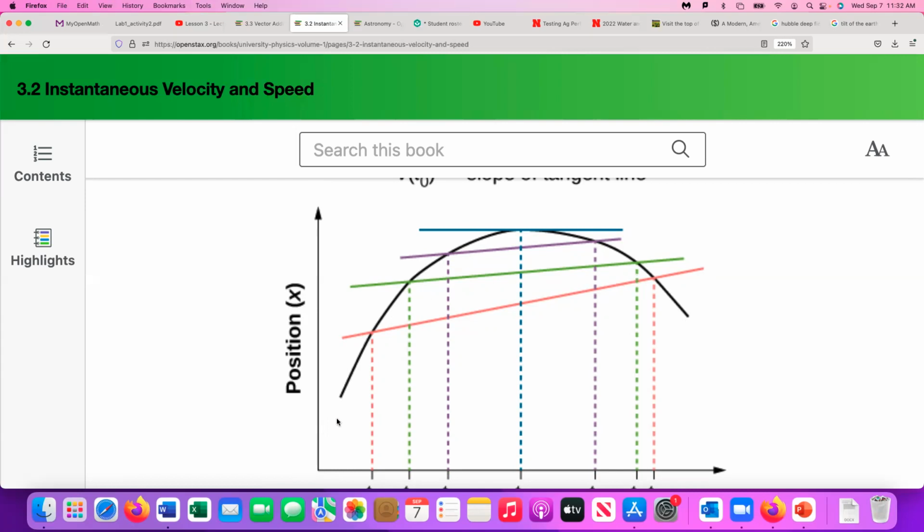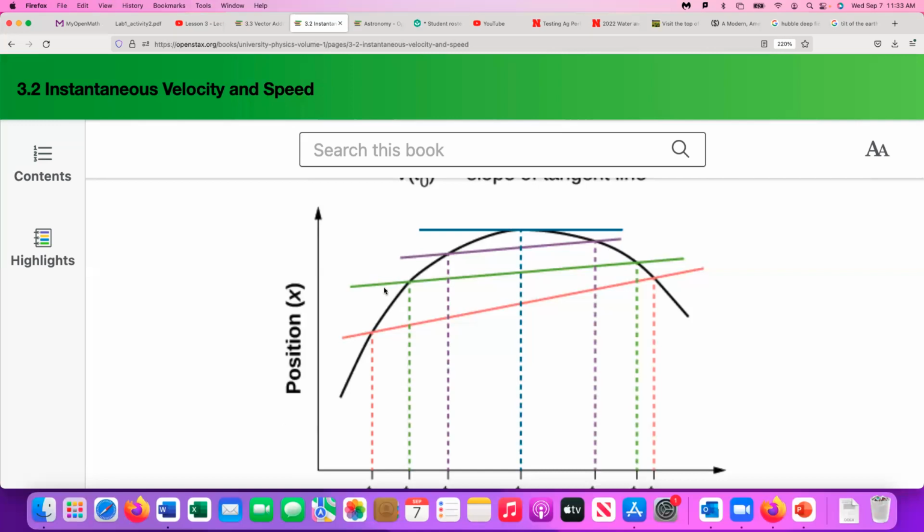So you've kicked it, and now only gravity is acting on it. And as gravity acts on it, it slows it down in the y direction, slows it down in the upward direction. And then it gets to the top where it's at its highest peak, and then gravity starts to pull it downward and speed up again. So that's a fairly good representation of something like kicking a football.